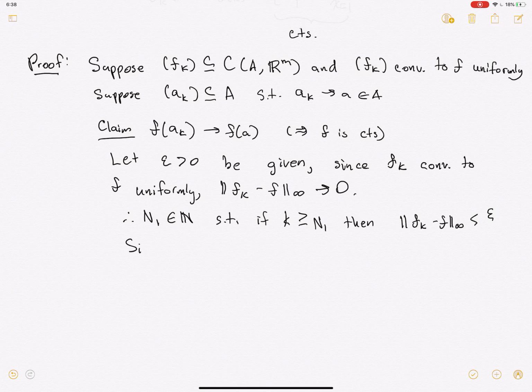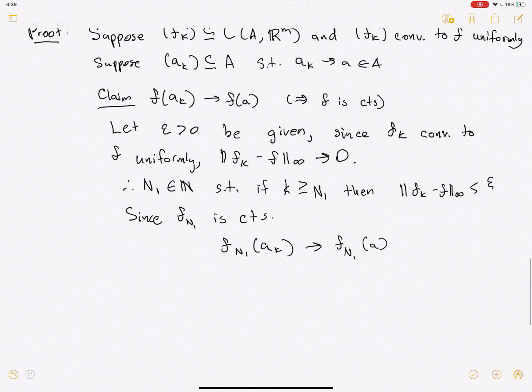Since if we take the n1th function in the sequence, it's continuous because each function in the sequence is continuous, the sequence f_n1(a_k) would converge to f_n1(a). So that gives us another inequality.